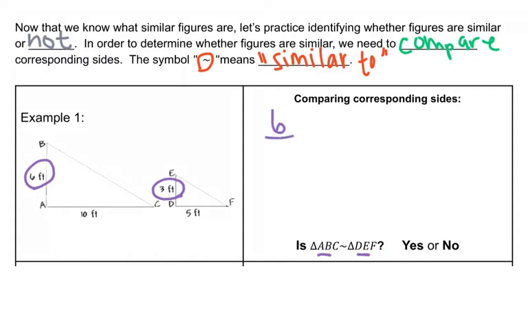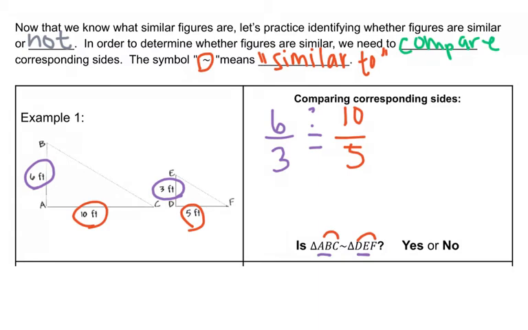So 6 over 3. And we want to check, is that equal to the other ratio, which would be AC and DF? AC is 10, DF is 5. We basically want to make sure these ratios are equal to each other.